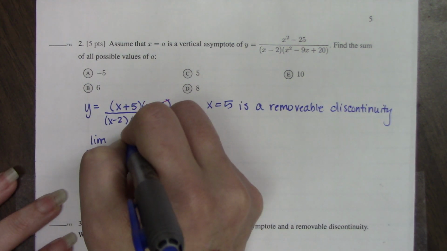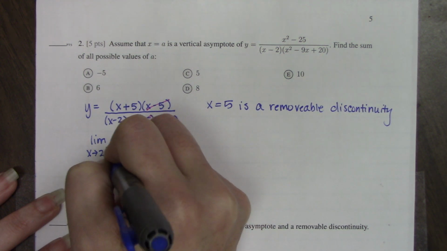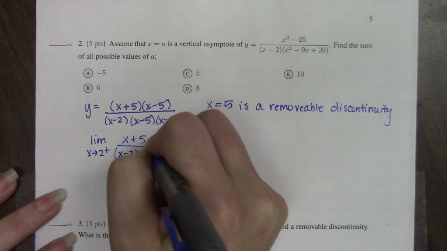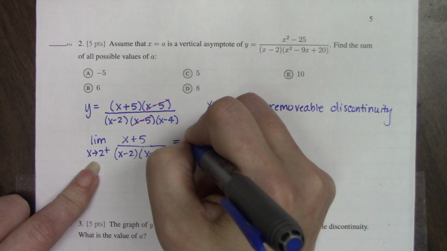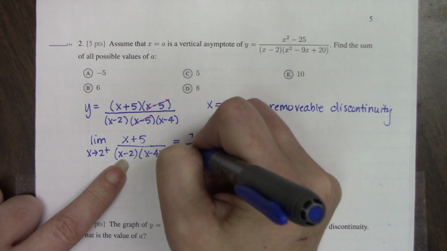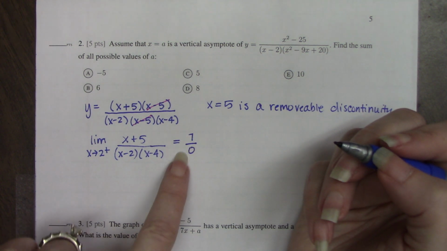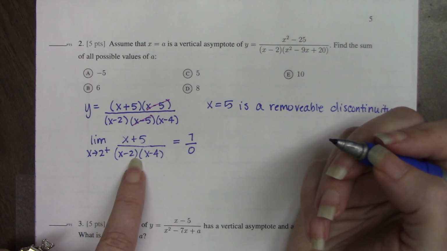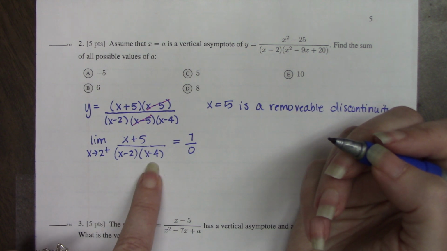So the limit of x plus 5 over x minus 2 times x minus 4. When we do direct substitution, we get 7 over 0 because this term's going to give us a 0. This is interpreted as some form of infinity. And if we look at our denominator here, 2 from the right is going to give you a slightly small positive number times negative 2.